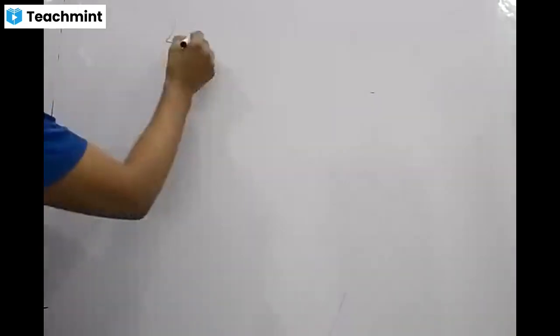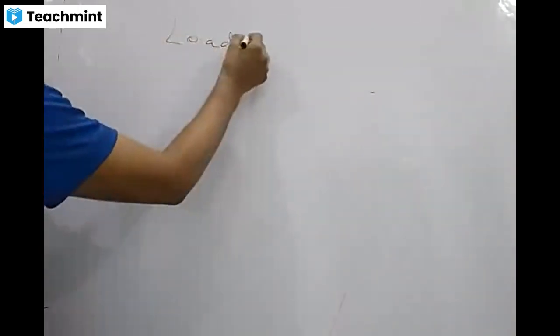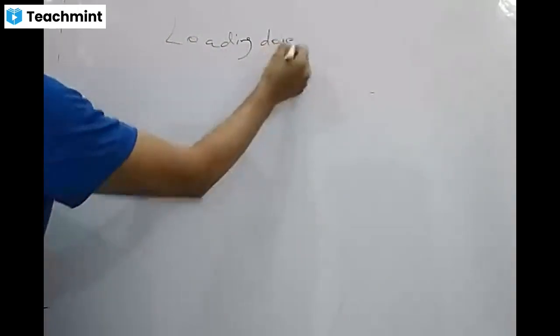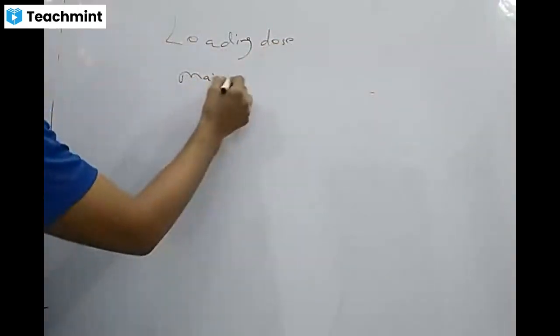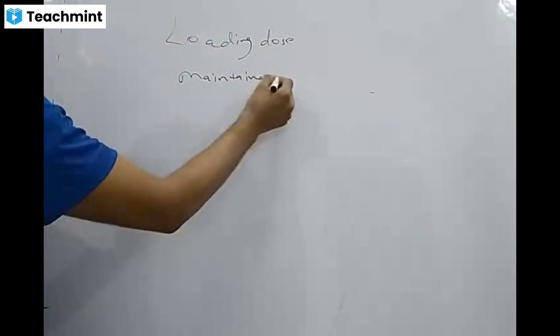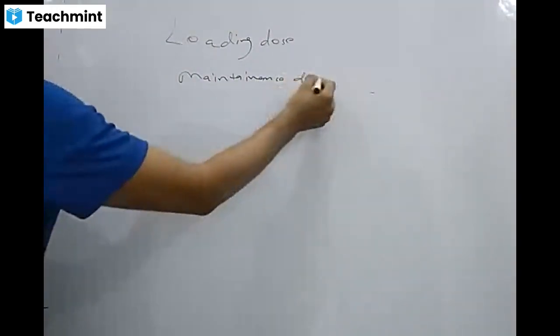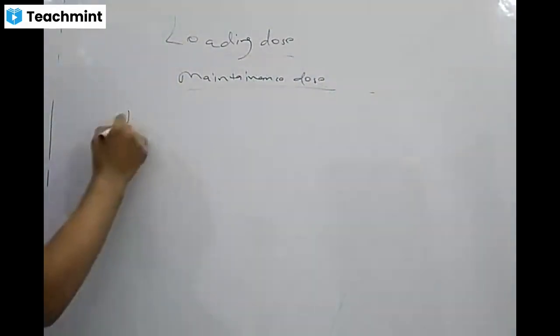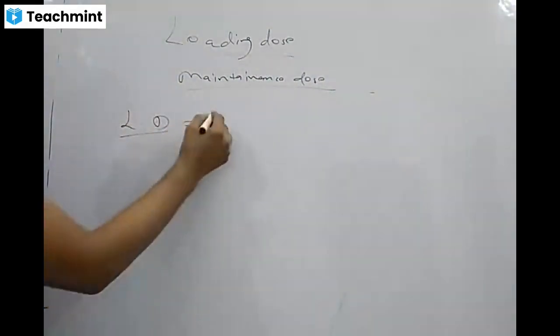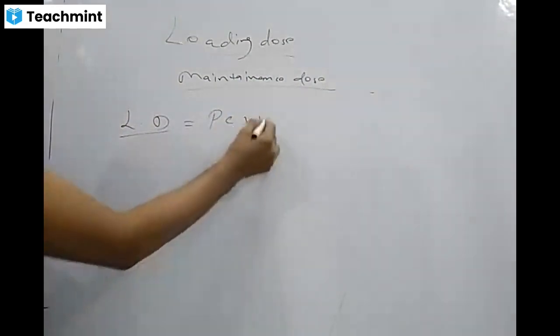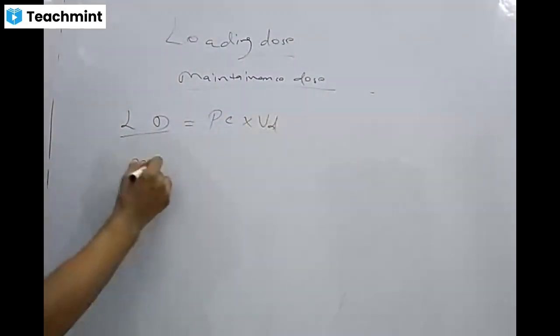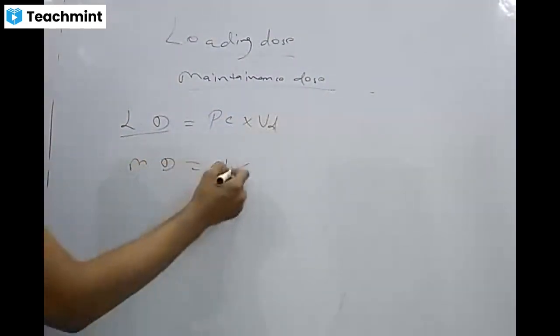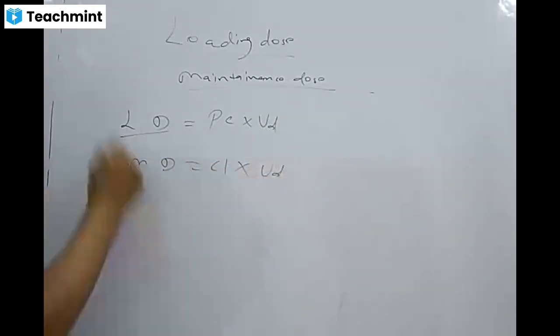Then one small topic: two definitions are there, loading dose and maintenance dose. Just remember their formulas: loading dose is plasma concentration into volume of distribution, and maintenance dose is clearance into plasma concentration.